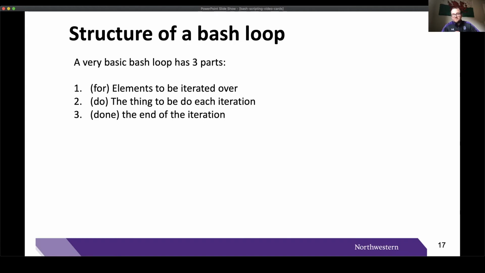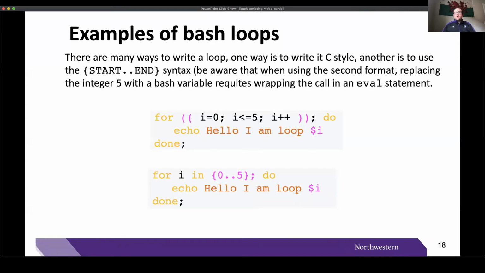Here we provide 2 examples on how to write a bash loop where you iterate the variable i over the numbers between 0 and 5. One is going to look familiar to those who are familiar with writing C code. It's a C style for loop.